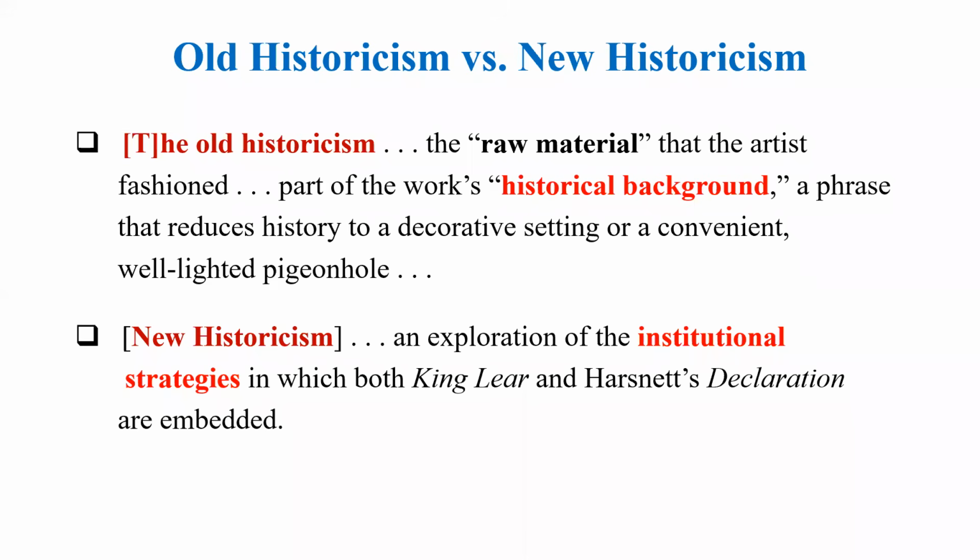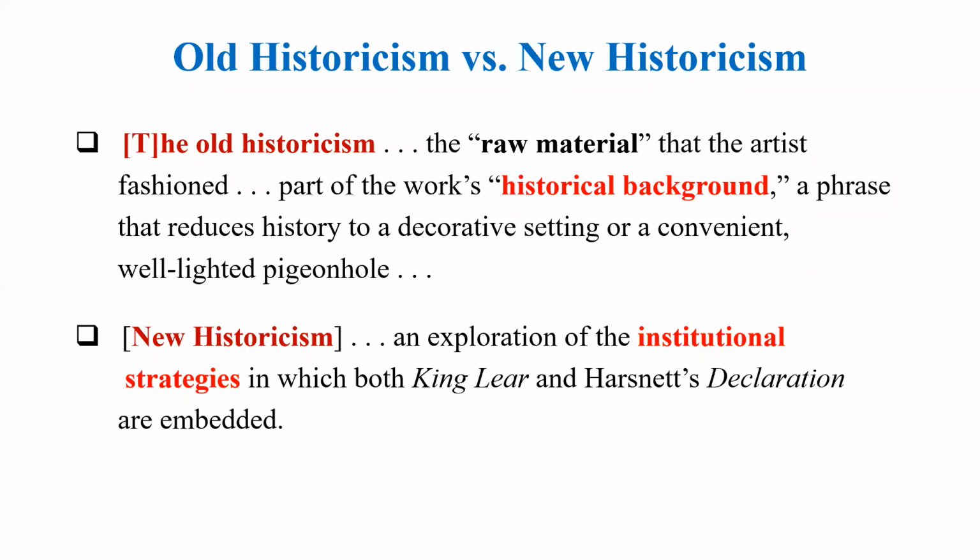But the old method, what is the old method? How do you analyze A Tale of Two Cities? Simply where the French Revolution is a historical backdrop or background, only a raw material. But when it comes to a new historicist reading, we understand the institution of war, revolution, behind the French Revolution.